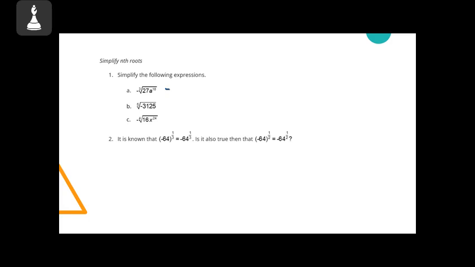I can cube root 27, and I'm going to get 3, because 3 times 3 times 3 is, in fact, 27. And then to do the variable part, how many times does 3 go into 18? That would be 6. So this answer is negative 3a to the 6th power.